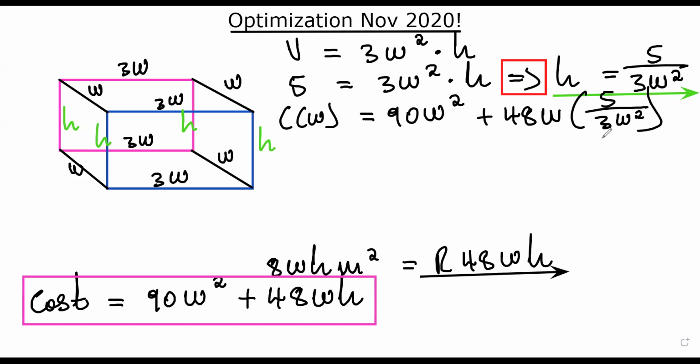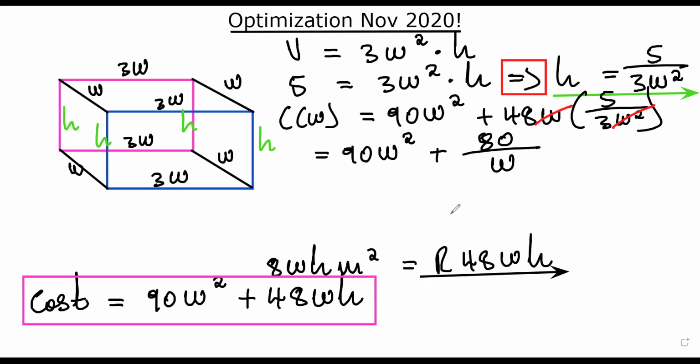And how can we simplify this? Well, here we can see that this w will cancel one of the w's in the denominator. And we say 48 times 5 over 3. Well, it gives us a solid 80. So it means our cost as a function of the width is just going to be 80 over the width.